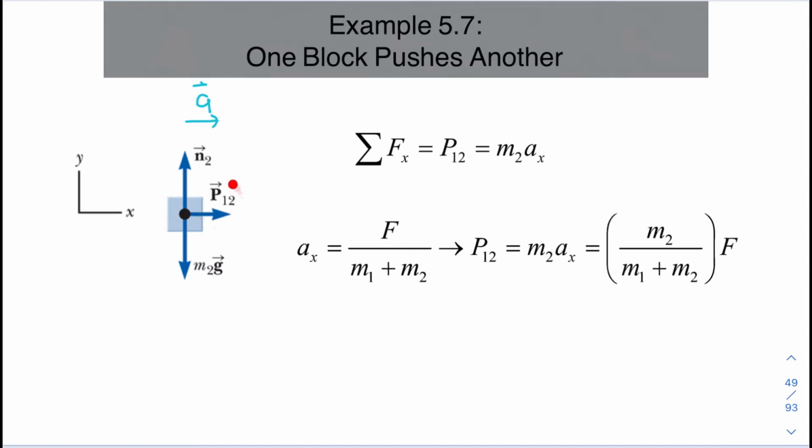The only force along the x-axis is P12, equal to M2 A x. We use the information from part A, A x equals F over M1 plus M2, and the other information, P12 equals M2 A x. Substitute A here and you get this equation to determine P12.